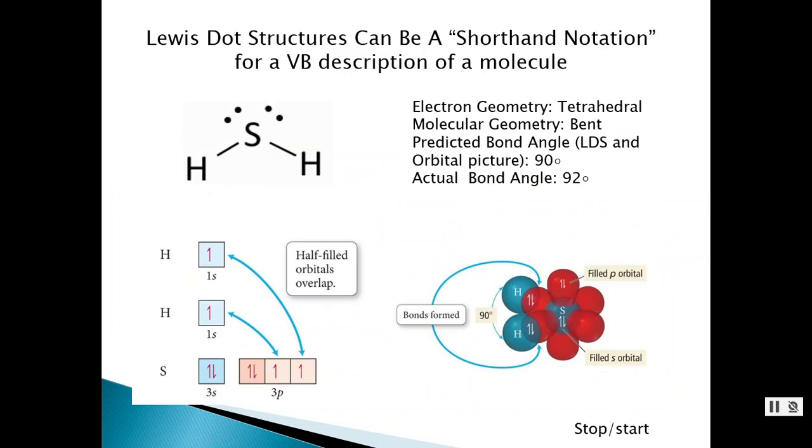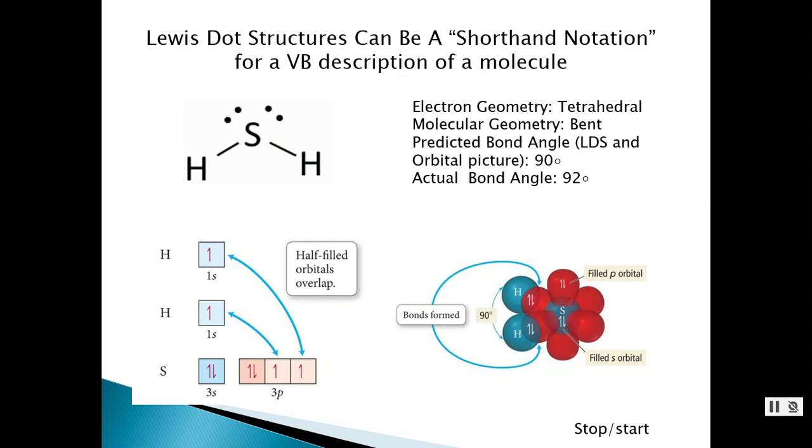But first, let's do an example where we can use Lewis dot structures to help us determine a valence bond description for a molecule. So let's say I was to have H2S.